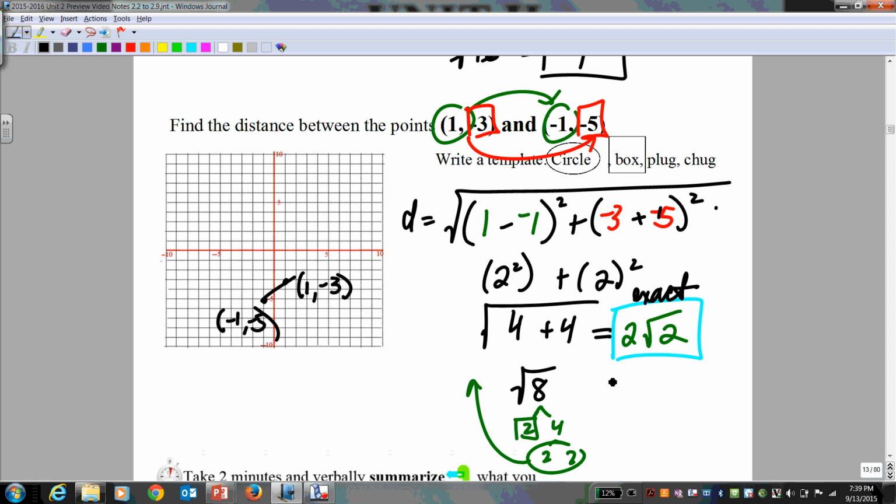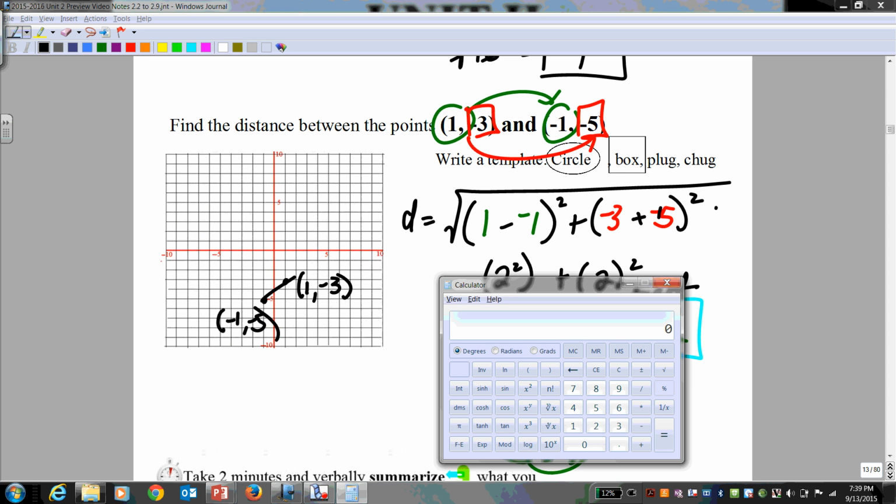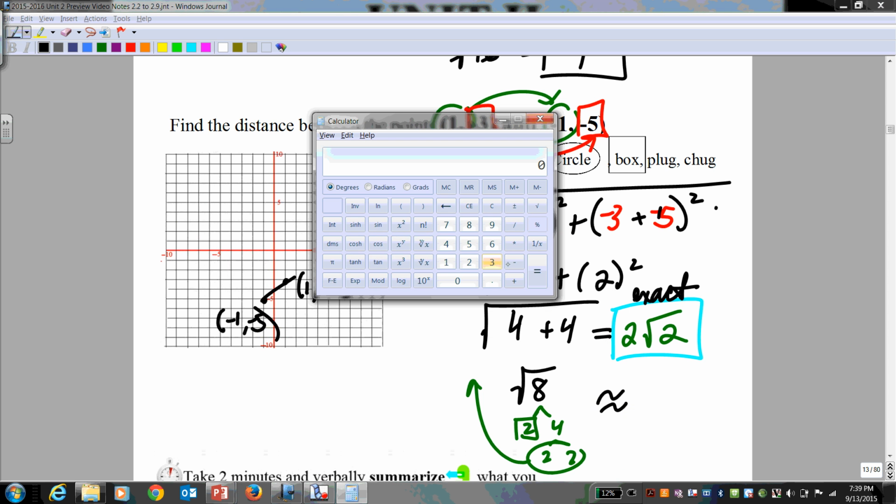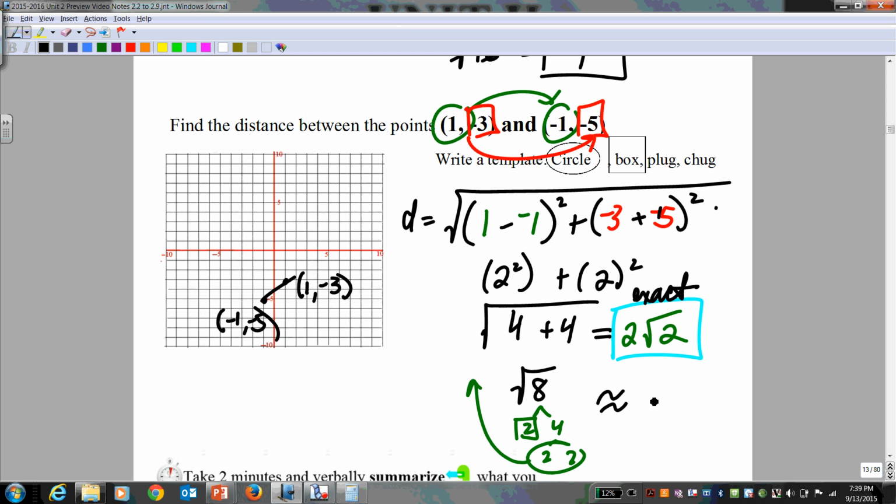If I ask for an approximation, which would be a decimal version, you just do square root of 8 on your calculator and take it to the second decimal place. That's 2.83, approximately 2.83, but that is an approximation. Do you see the term exact? Radical form defines exact.